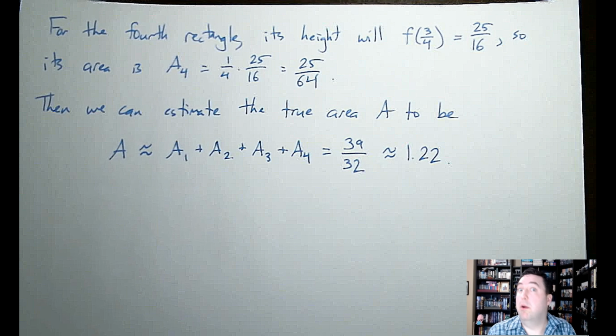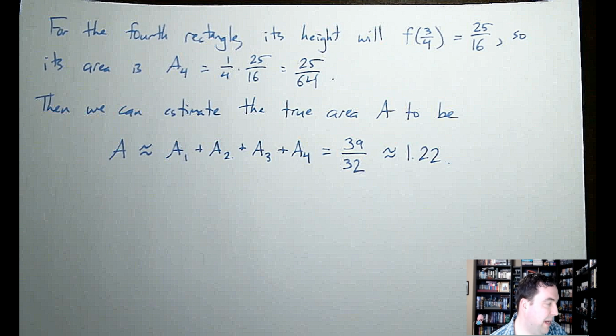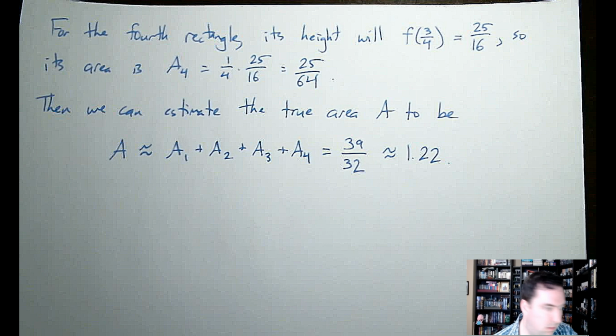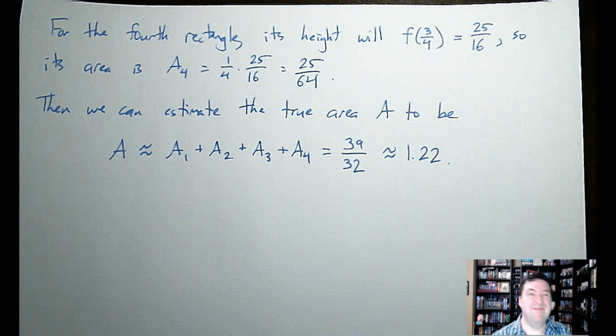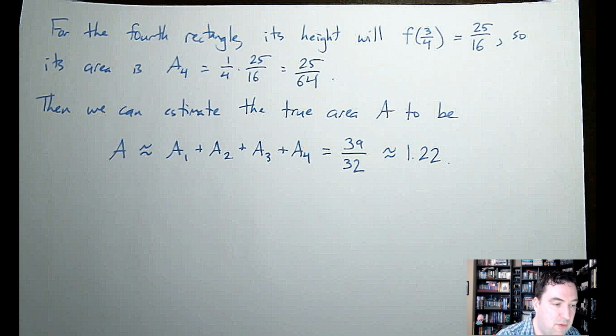Square units, it would depend on what the function was measuring things in. But the problem with that is that we've got no idea how good that estimate actually is. We know this is definitely an underestimate because we've definitely left a bunch of stuff out. And we can see that from our graph.